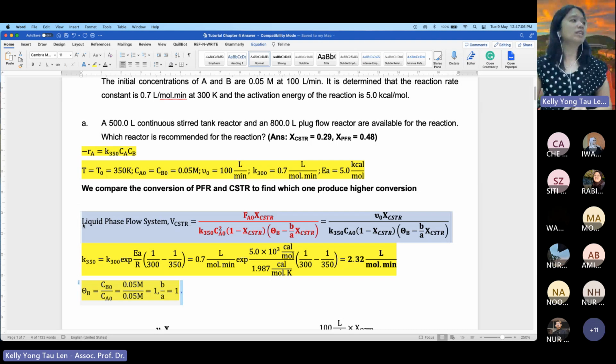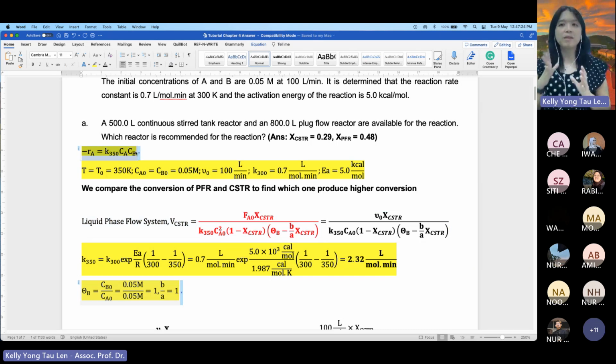In this case, if you check the notes, the equation that fulfills all three requirements, which is that it must be a CSTR, it must be a liquid phase reaction of which the rate law is minus RA equals K CA CB, is the one provided to you in red font.